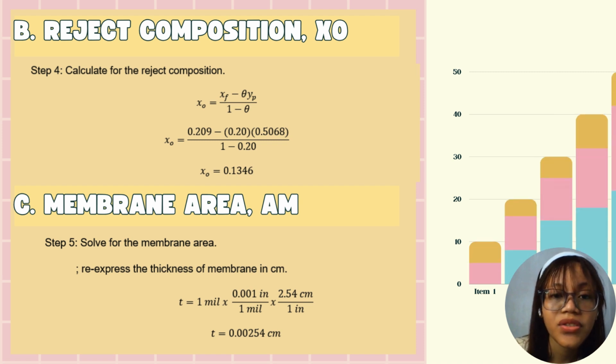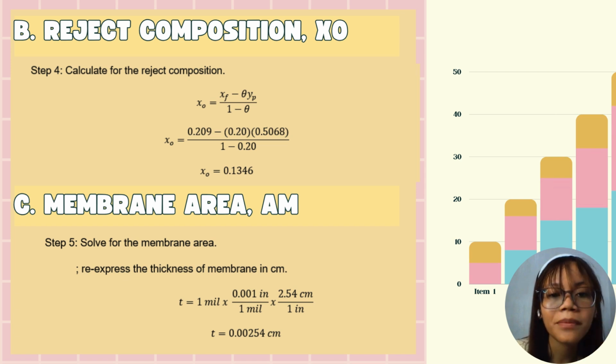Next, we're going to calculate for the reject composition X sub 0. So the equation that we're going to use for the reject composition is established in the membrane separation process discussion. So from the complete mixing, the reject composition equation is X sub 0 is equal to XF minus theta YP over 1 minus theta.